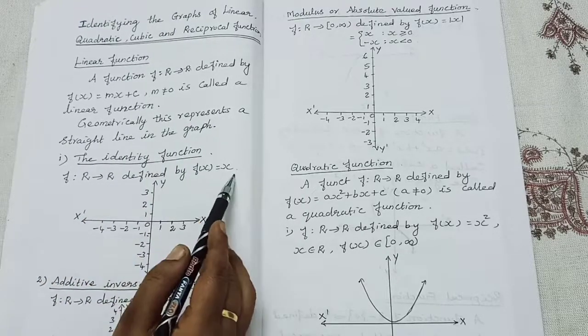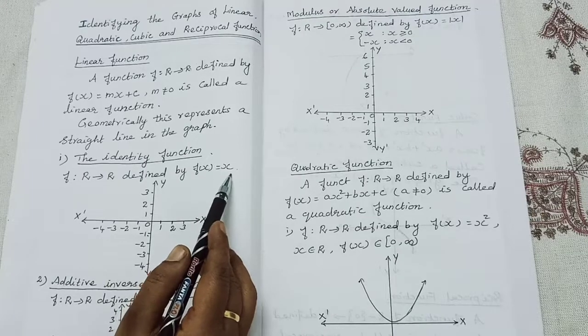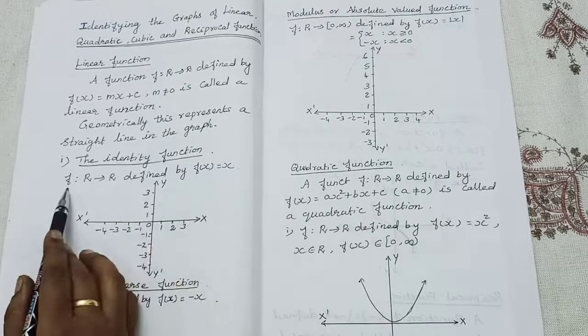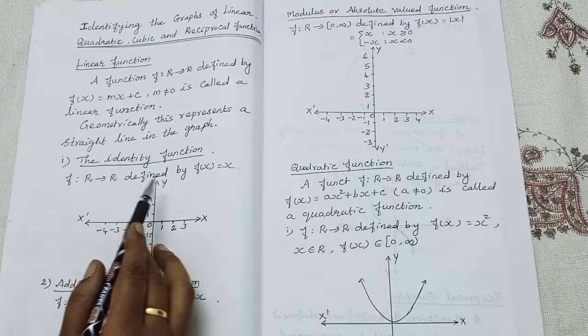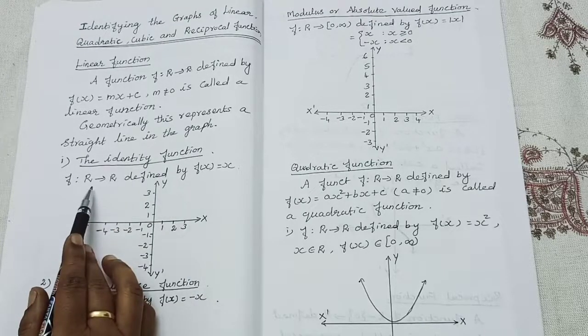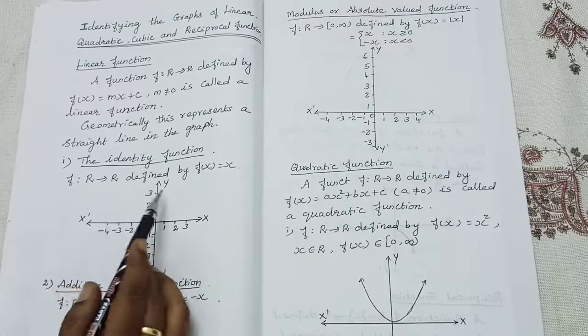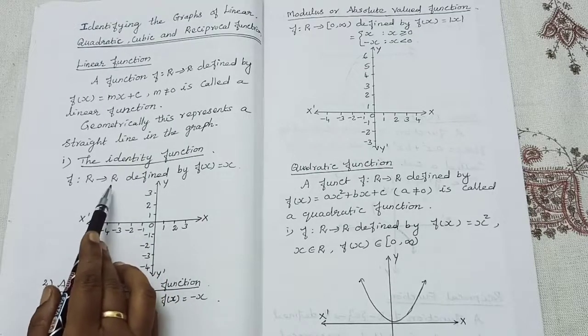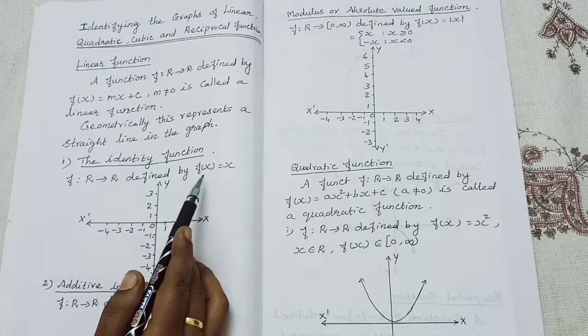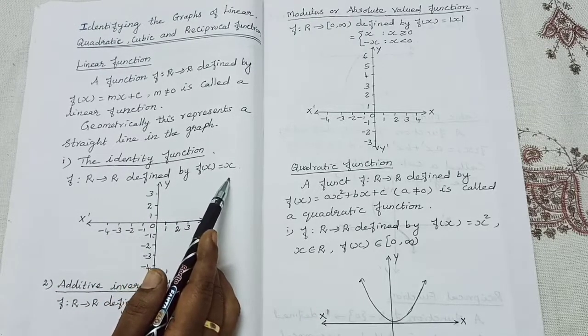Here only one term is given, isn't it? Then f from R to R, that is real numbers. Real numbers means all negative numbers, positive numbers and 0. Then all decimal values will come. It is defined by f of x equal to x.